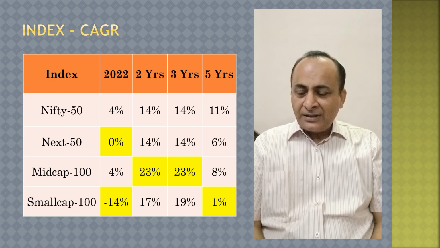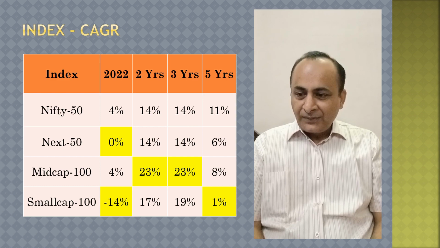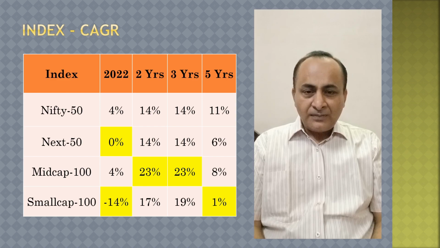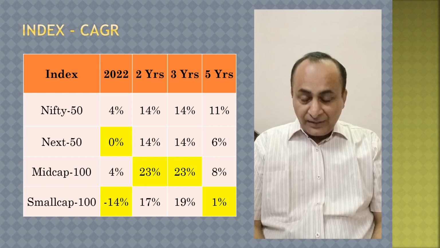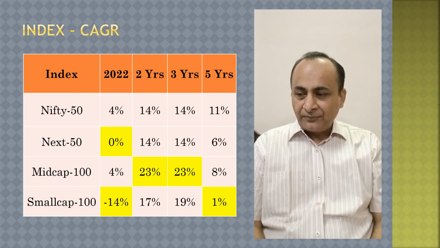Over 5 years, mid cap is sitting at 8% return, small cap is just 1%. And if you see last year, 2022, small cap is down 14%, while Nifty was up 4%. It's painful to see your small cap portfolio going down while the market, if not significantly well, closed on a positive note.